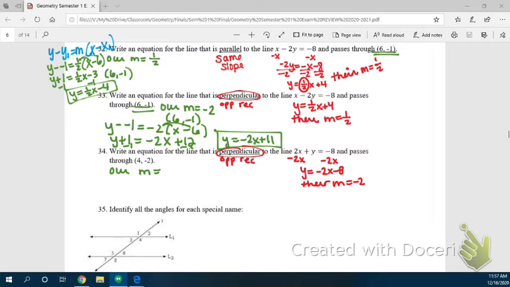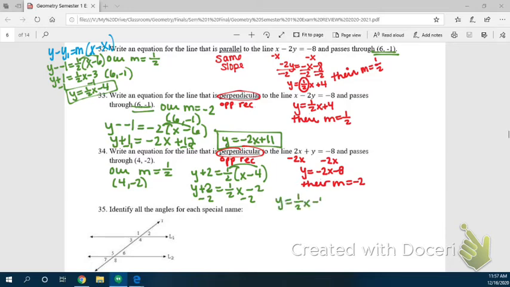The opposite reciprocal of -2 is going to be positive 1/2. Our point is 4, 2. Using point slope form written in blue above, we'll have y minus -2 will turn into plus 2 equals 1/2, parentheses, x minus 4. When I distribute, y plus 2 equals 1/2 x minus 2. Subtract the 2. My answer is y equals 1/2 x minus 4 as the equation of our line.